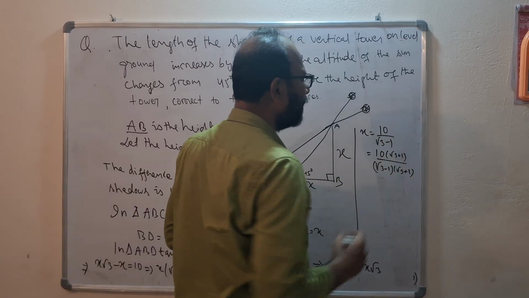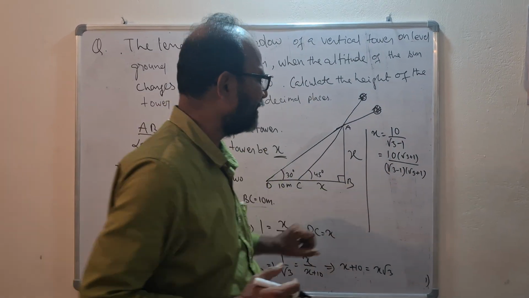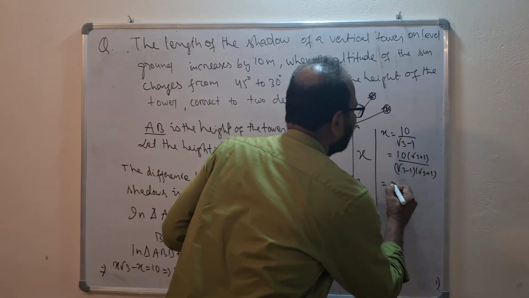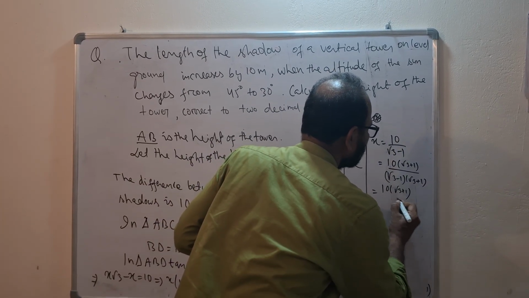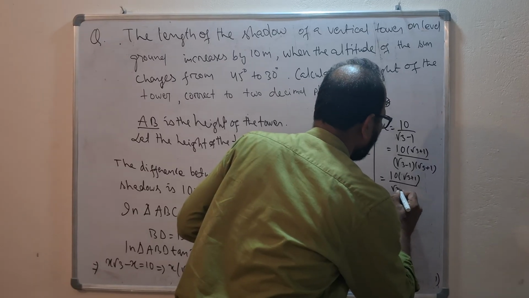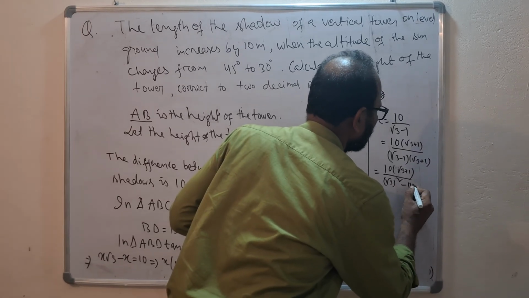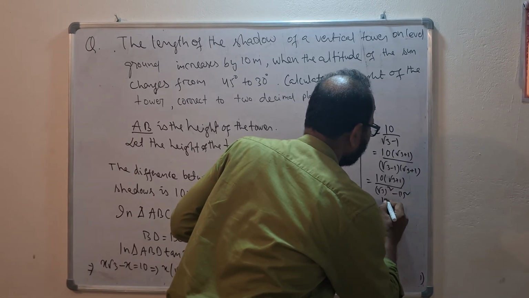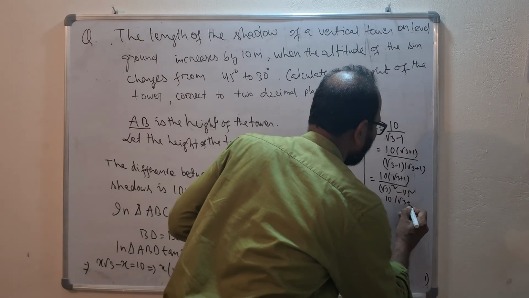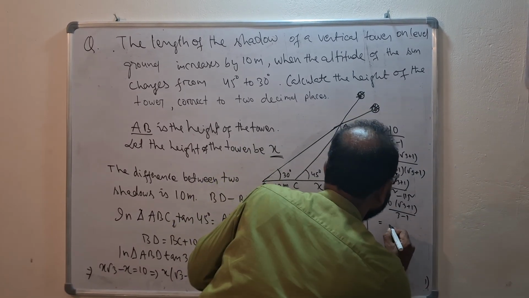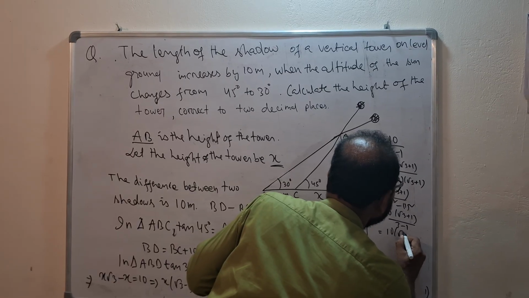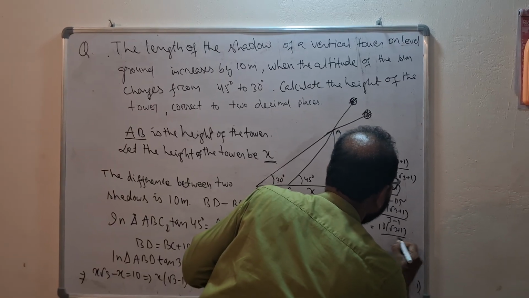Using a plus b into a minus b is a square minus b square, that will be 10 into root 3 plus 1 by root 3 square minus 1 square. So that is 10 into root 3 plus 1 by 3 minus 1, which is 10 into root 3 plus 1 by 2.